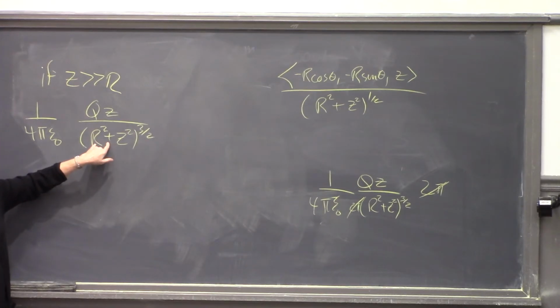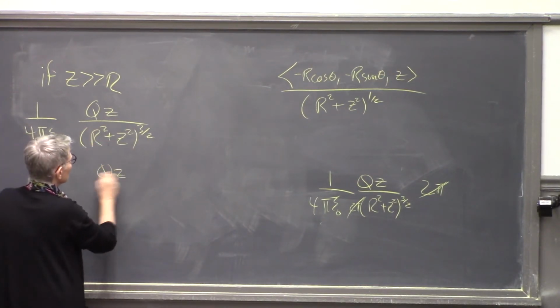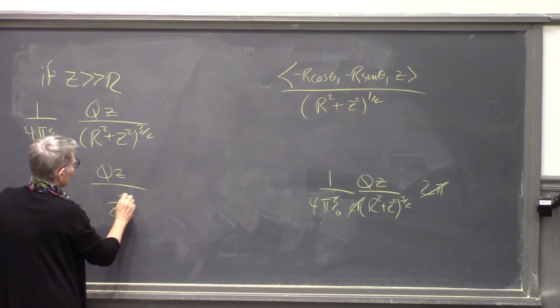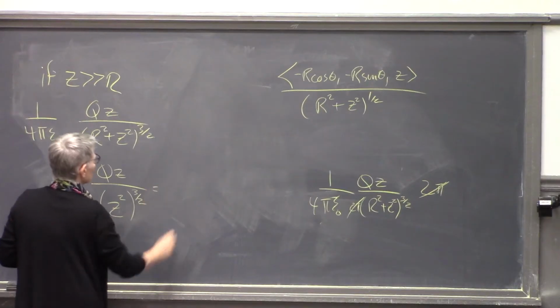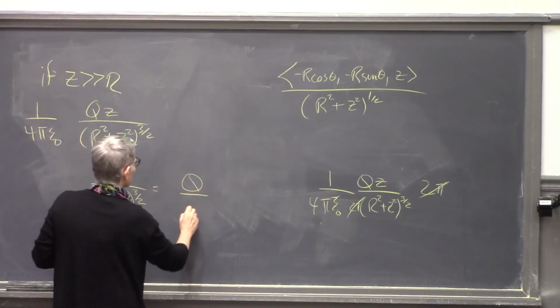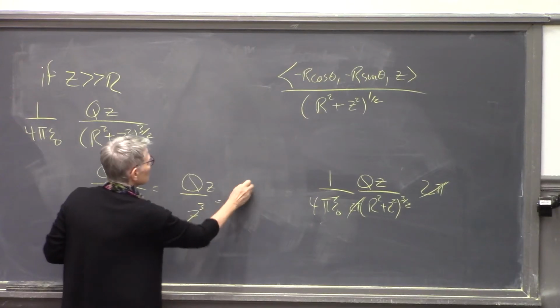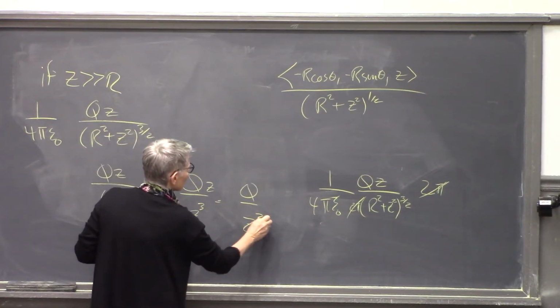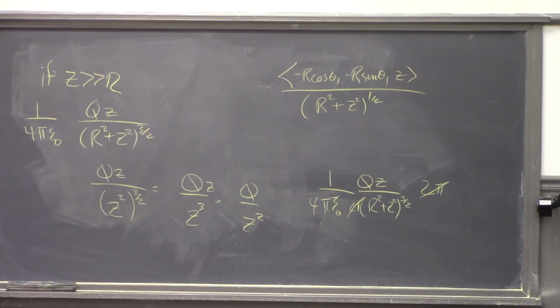If Z is much bigger than R in this sum, we can neglect R. So we get QZ over Z squared to the 3 halves, which is QZ over Z cubed. Q over Z squared looks like 1 over Z squared, falls off with distance like a point charge.